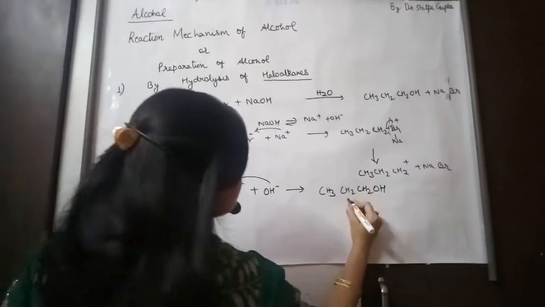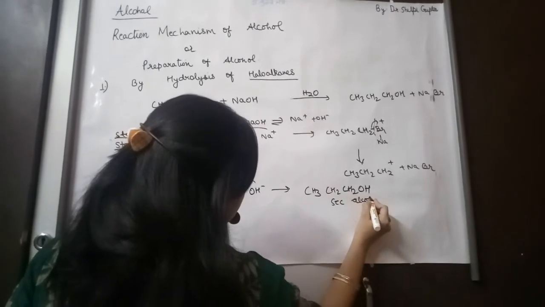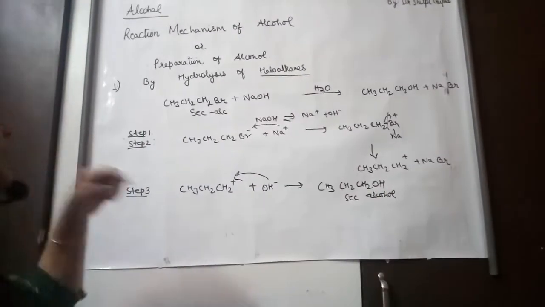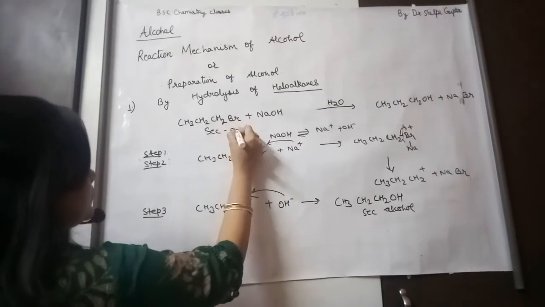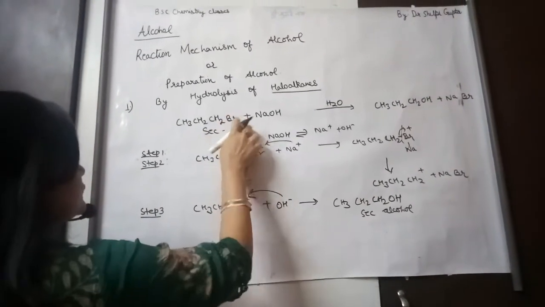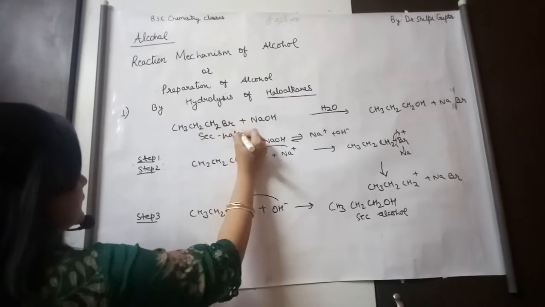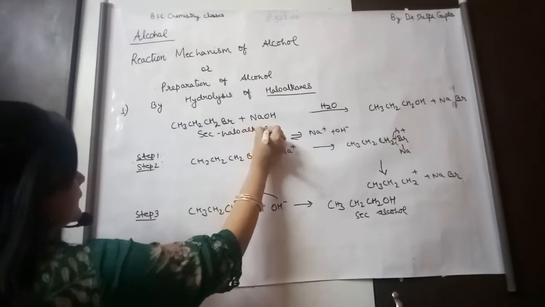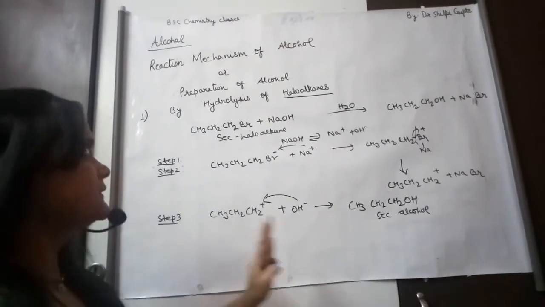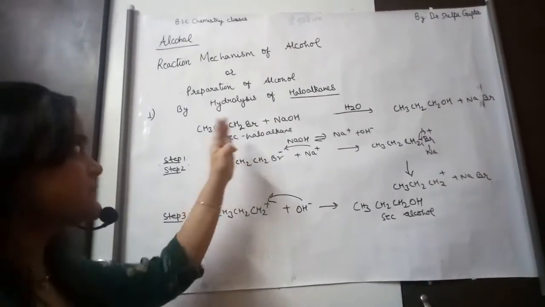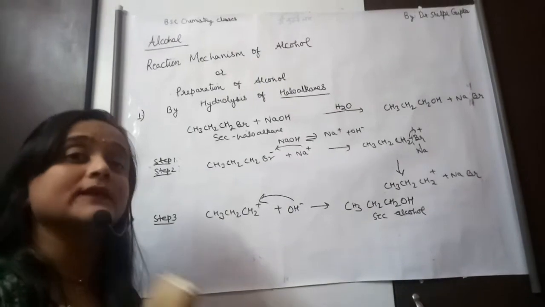This is a secondary alcohol. From secondary haloalkanes we got secondary alcohol. This is secondary haloalkane. From secondary haloalkanes we got secondary alcohol. So it's clear to you, the hydrolysis of haloalkanes with its mechanism.